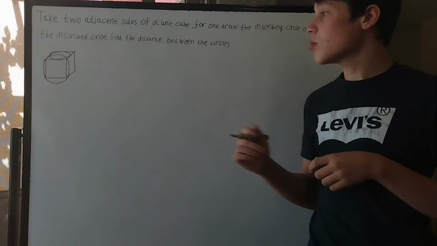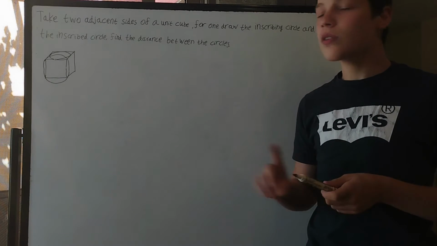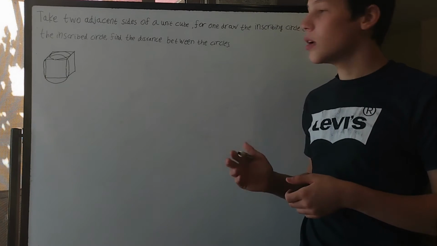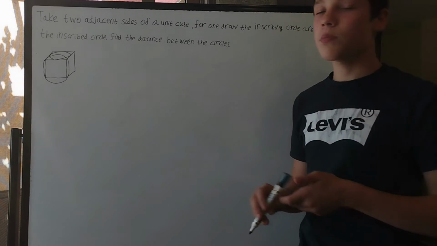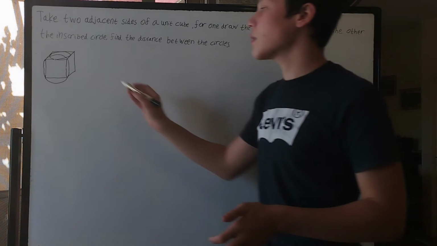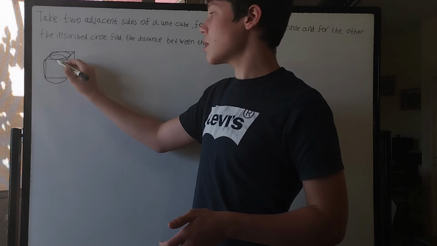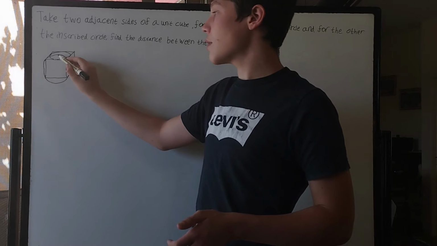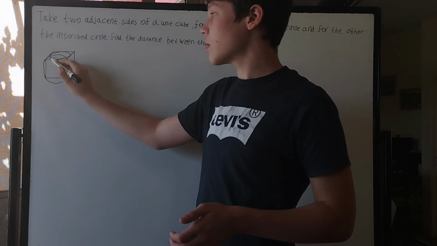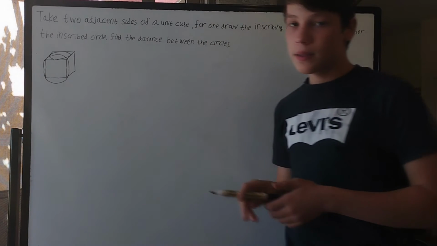Okay, so let's begin. First of all, you might think the minimal distance is between 2 special points, like this one and this one, or this one and this one, or something like that.